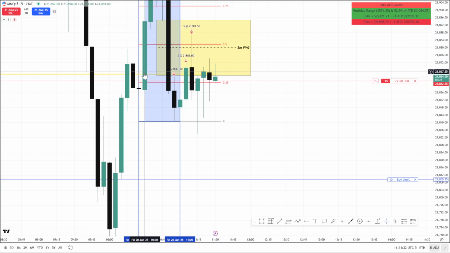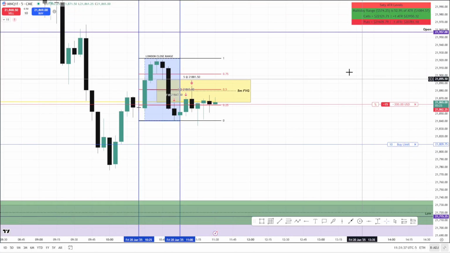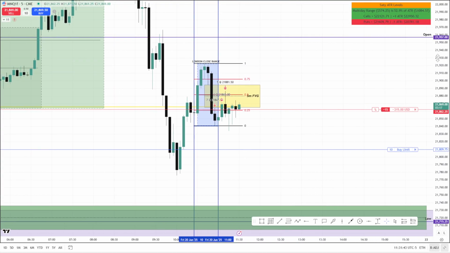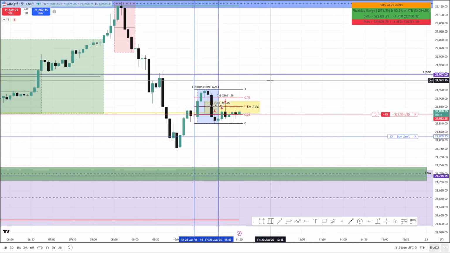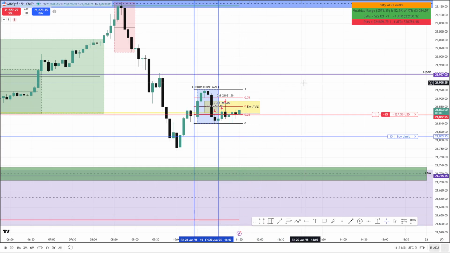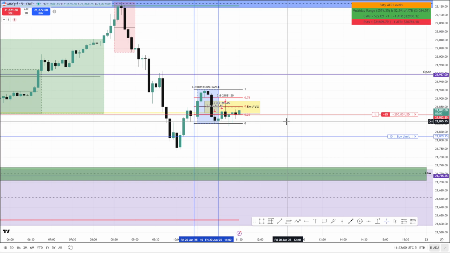Okay, again, here's our median point. Okay, and price will hang out and just kind of bounce around these areas when it's building a position to maybe go to the next ATR level. And that's why we see the run through it, the run back through it, and now we're just kind of, look at all these candle bodies that are just hanging out right on this level right here.